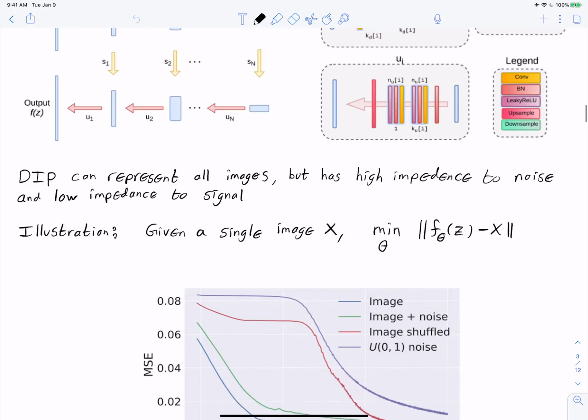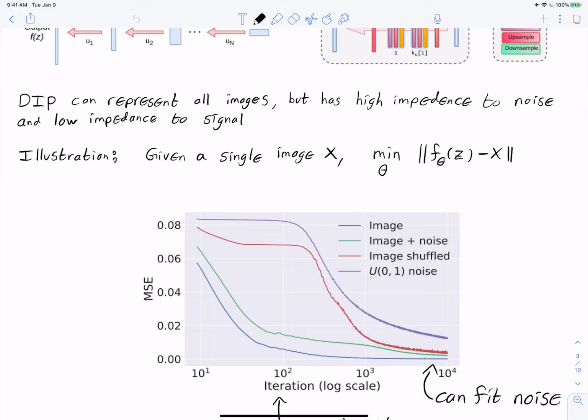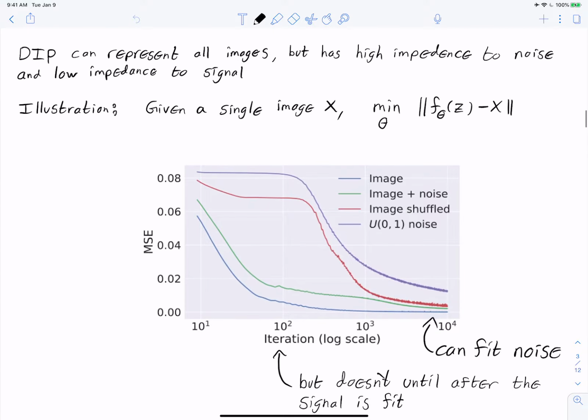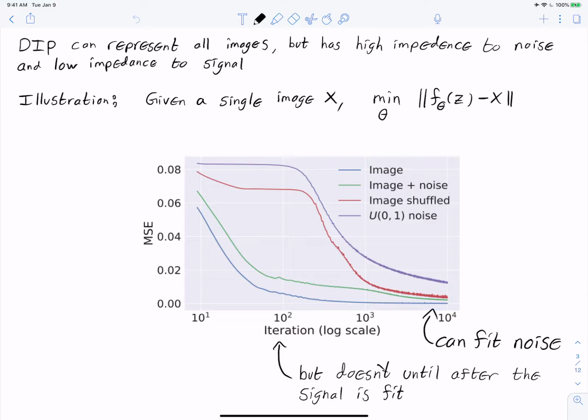And what is interesting is that the deep image prior can represent all images, but it has a high impedance to noise and a low impedance to signal. And this is going to be one of the key things that makes it work. So this is a figure from the deep image prior paper, and this is an illustration. Given a single image, solve this minimization problem: minimize over the parameters theta of the network the norm of f theta of z minus x.